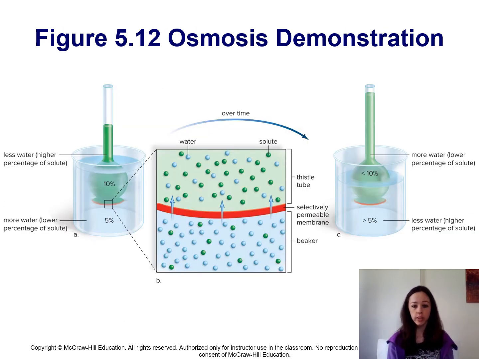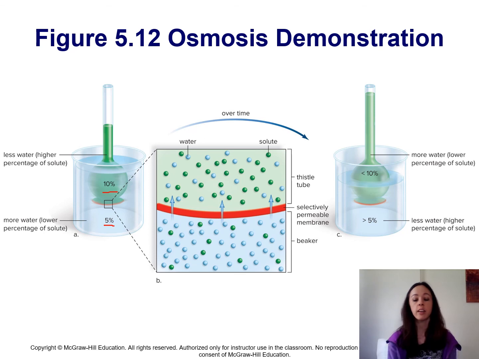So for osmosis, you guys can think of the solute and water concentrations in terms of percentage instead of measurement units. So in this particular example, we have 100 milliliters of water in the beaker and then 100 milliliters of water inside our thistle tube. There is 10 milligrams of salt inside our thistle tube and 5 milligrams of salt found within our beaker.